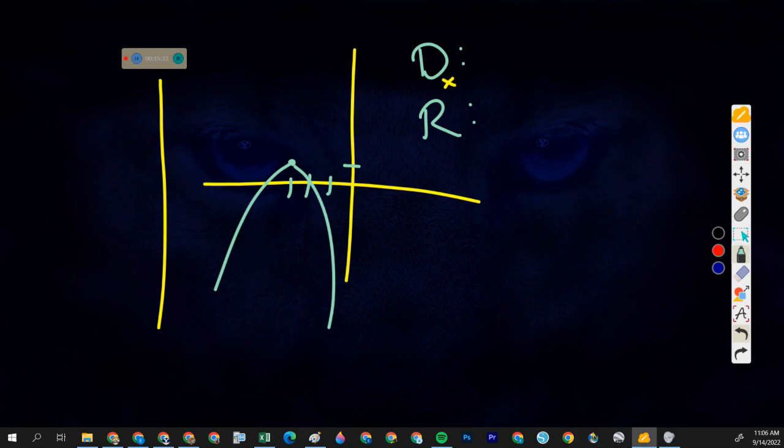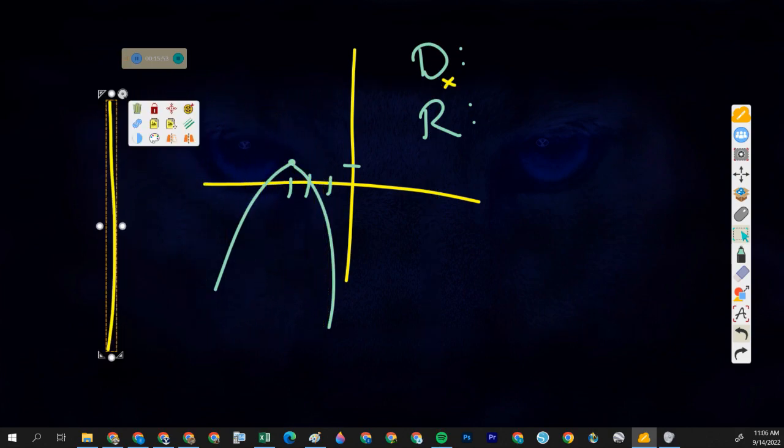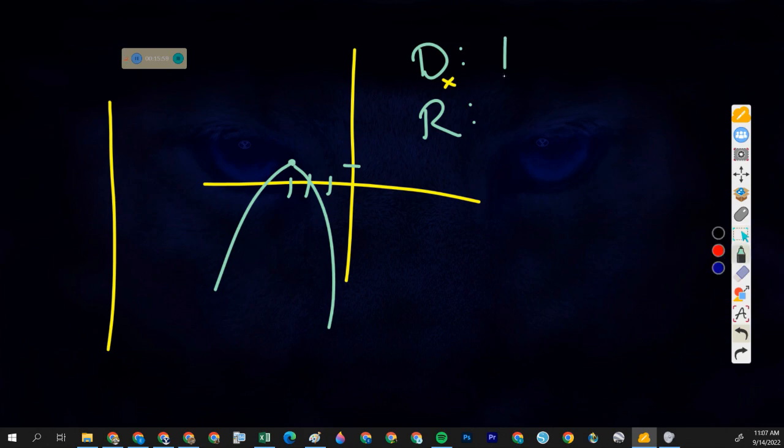Let's pretend everything goes on forever. I'm going to touch the graph way down below my feet, and then I hit there and there and there. Do I ever miss the graph? Nope. So in this case, the domain is all real numbers.